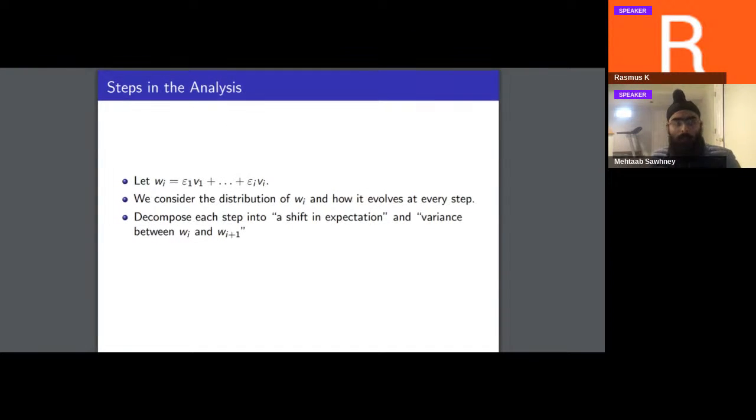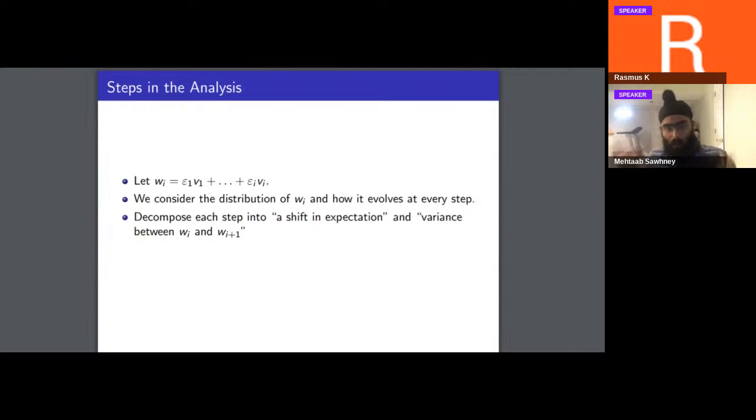Basically what we're going to do is decompose this W_i into two parts. First, you're going to look at how the expectation of W_{i+1} compares to the expectation of W_i. Given that you have the shift in expectation, you now need to also understand what additional variance comes between these two steps.